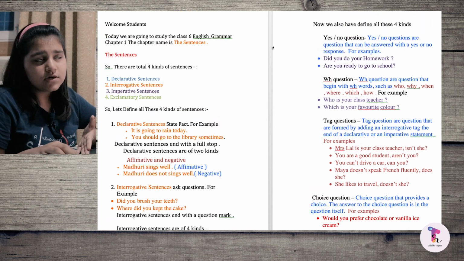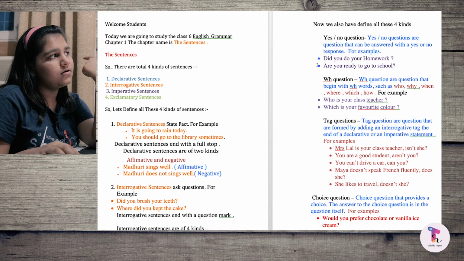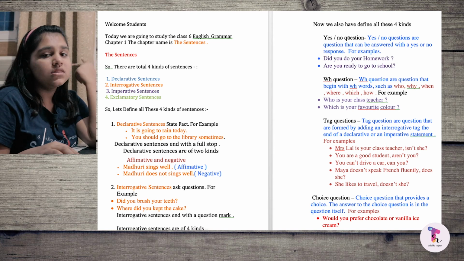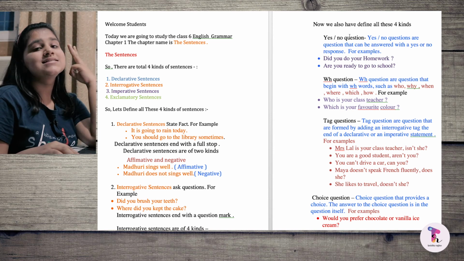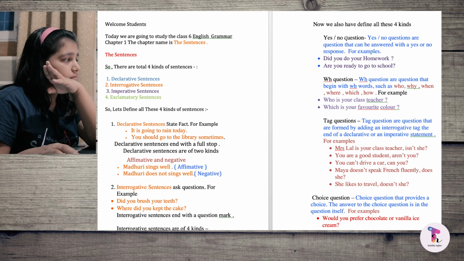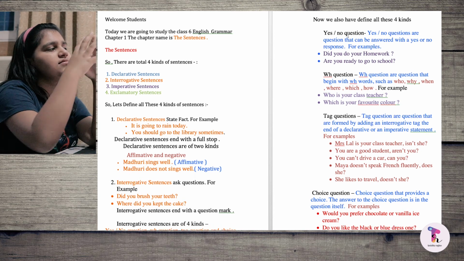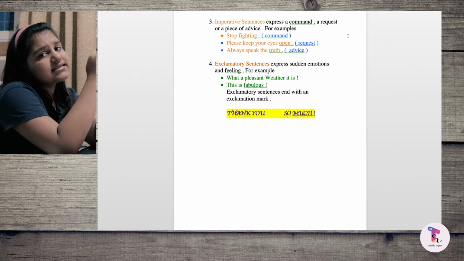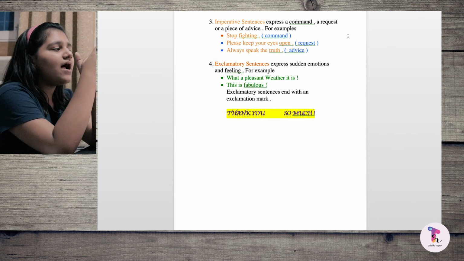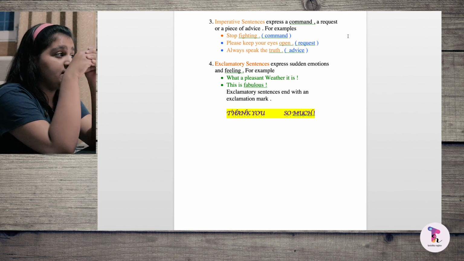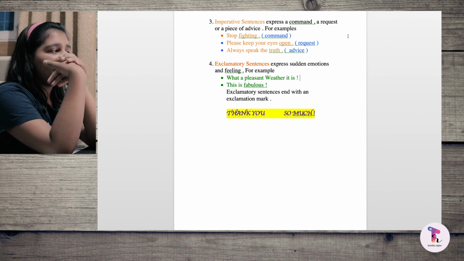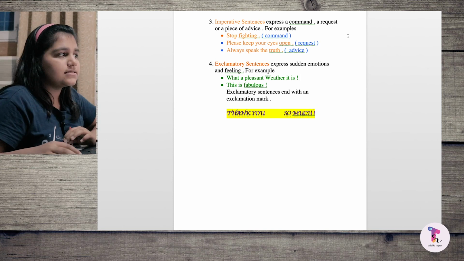So what are those 4? Let's repeat with me: yes and no questions, WH questions, tag questions, and choice questions. Then we did the third kind, imperative sentences, and the last one, exclamatory sentences, which we also defined.